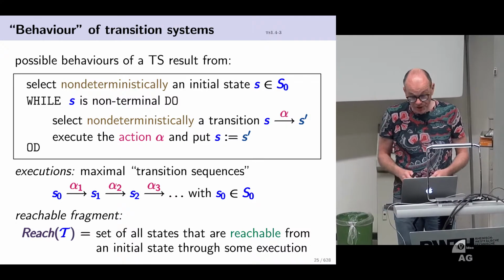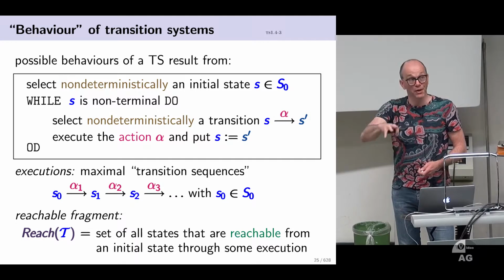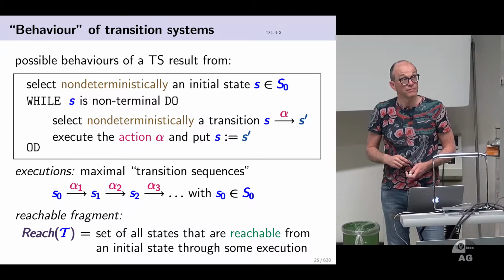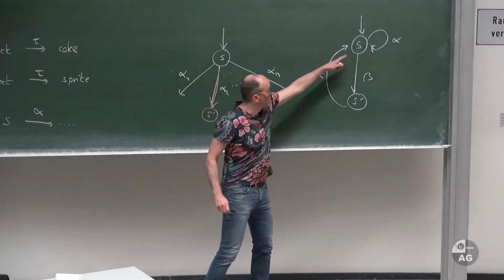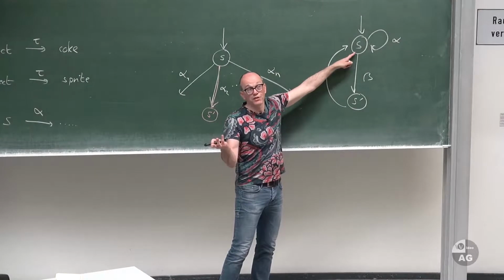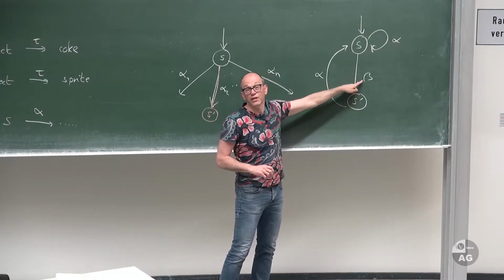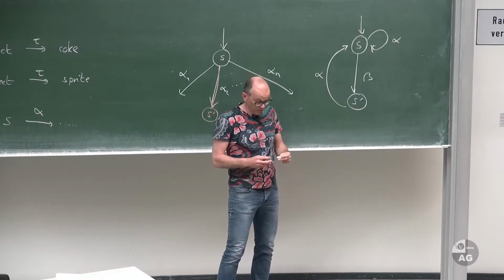And then you can define the set of states that are reachable. Those are the states that you can reach from some initial state by actually running this algorithm. So in my example over here, both states are reachable. Of course, initially this is already reachable because that's where we start. And this one will be reachable because as soon as we select beta, this is S prime.